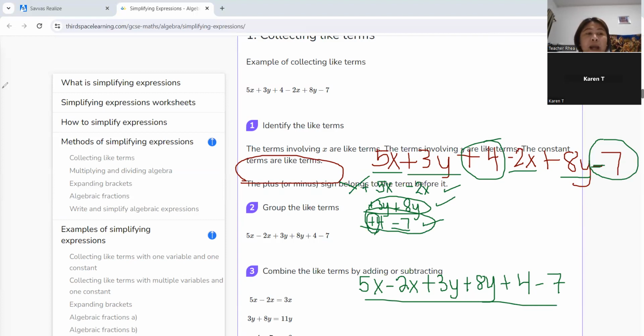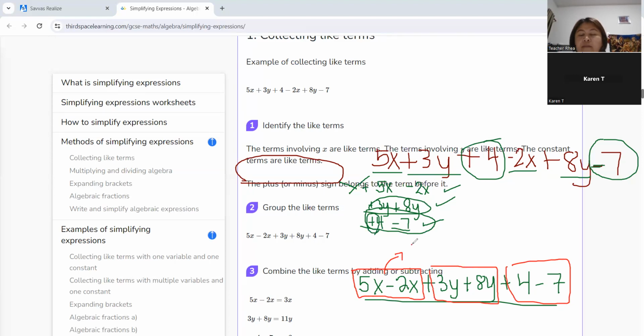So 5x minus 2x, 3y plus 8y, and 4 minus 7. 5x minus 2x is equal to?